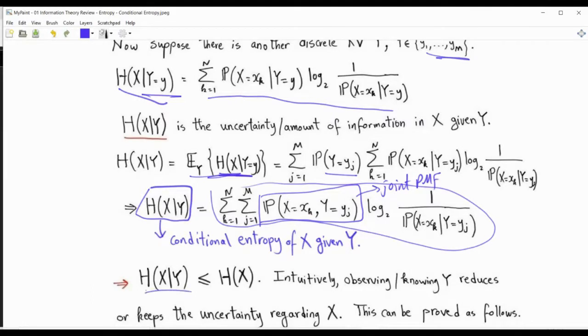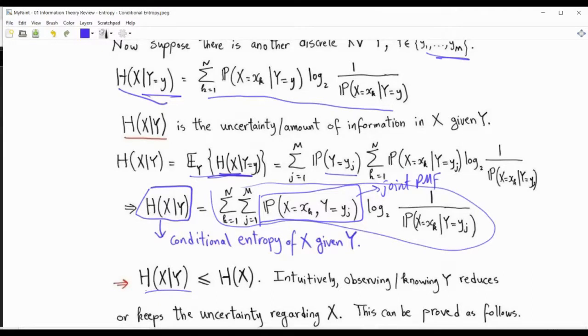Now you can show that H of x given y is less than or equal to H of x, and the meaning is straightforward. If H of x is the uncertainty about x, then suppose you have access to an observation or a measurement y.